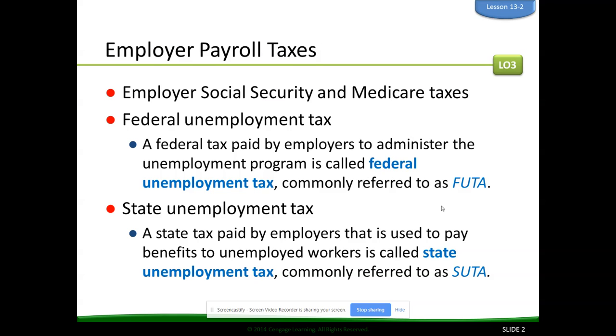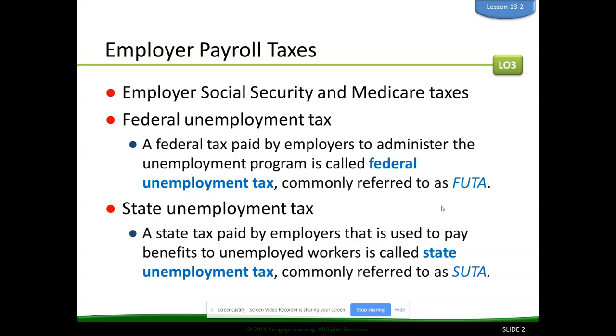So some of our definitions, first of all, employer Social Security and Medicare taxes. We've been figuring those for the employee. Now we have to calculate the employer's payroll taxes. So they are also paying 6.2% and 1.45% on Social Security and Medicare taxes in our name.